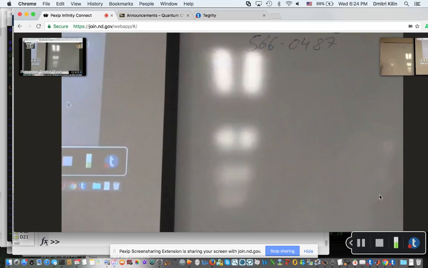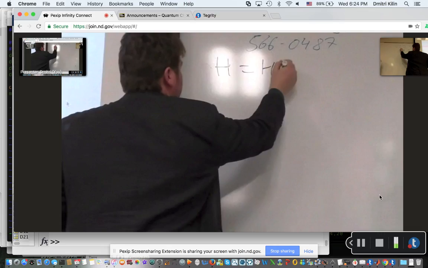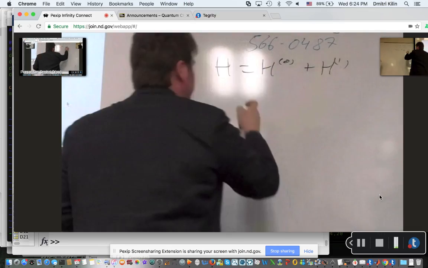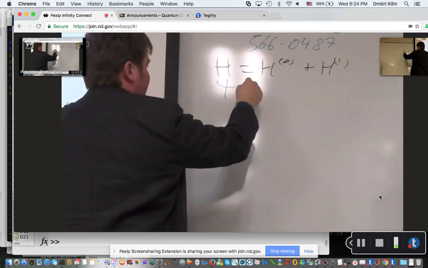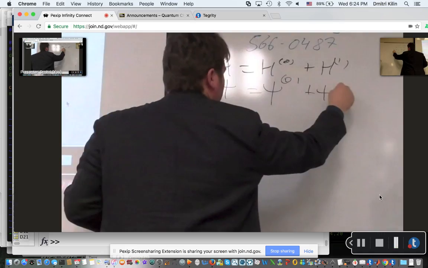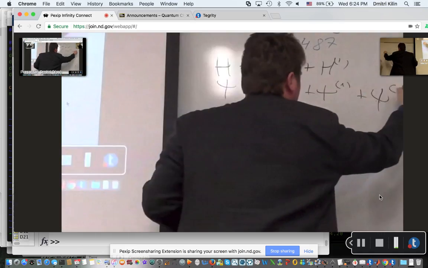So when we have our Hamiltonian as a summation of the zeroth order unperturbed and the perturbed Hamiltonian, then the wave function is a summation of zeroth order plus first order correction plus second order correction and so forth.